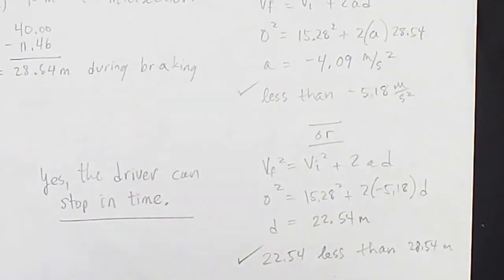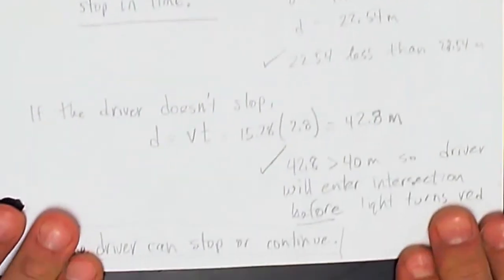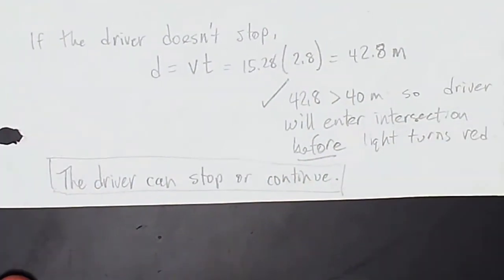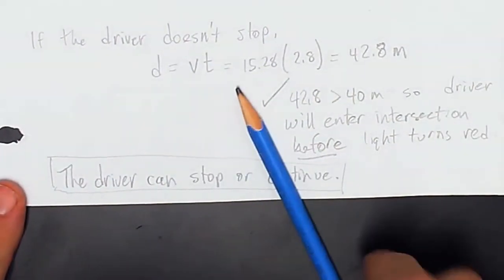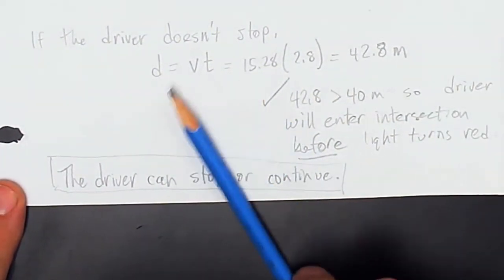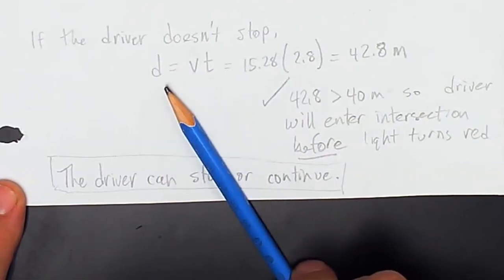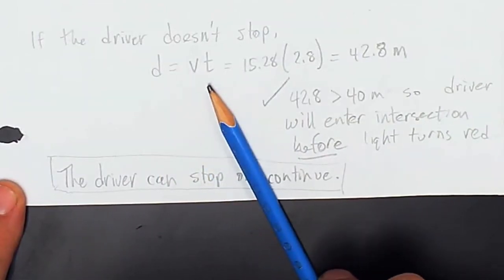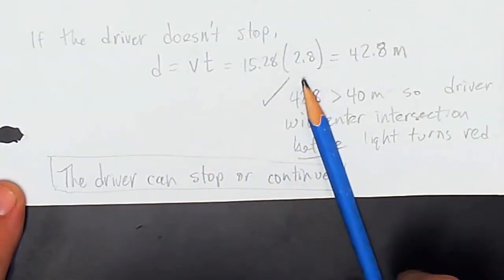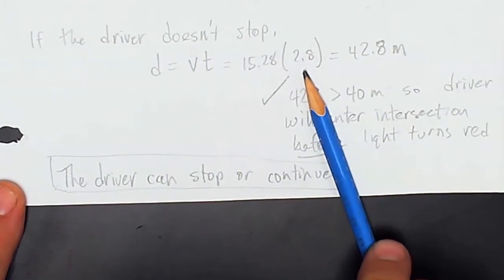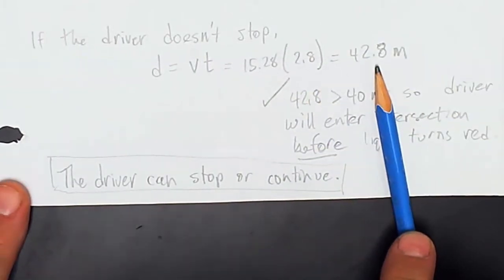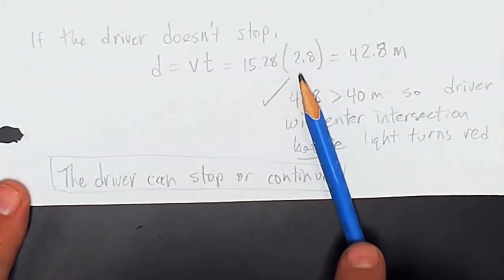What if, though, I had decided to keep going and not put on the brakes? Would I have made it through the intersection? If I'm moving at the same velocity, of course I use the simplified equation: distance is equal to velocity times time. So the light is yellow for 2.8 seconds, and this is how far I will travel during those 2.8 seconds.